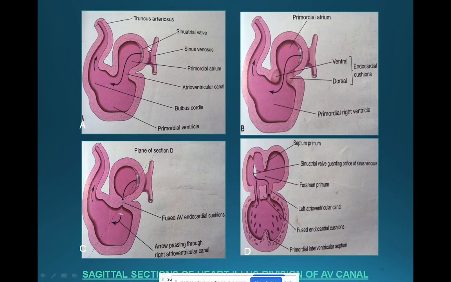Again, in the sagittal section, this is the atria with the sinus venosus opening. This is the ventral and the dorsal endocardial cushions. They are coming and getting fused with each other. So on that side there is an opening, and on this side there is an opening, so individual atria. There are two AV channels, atrioventricular channels.